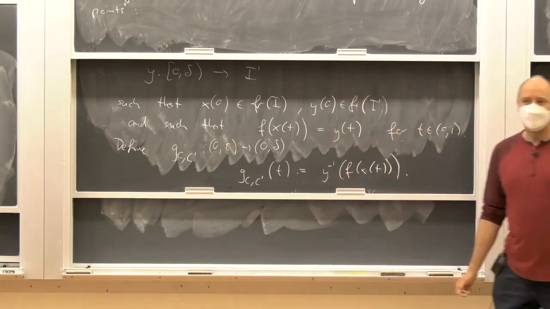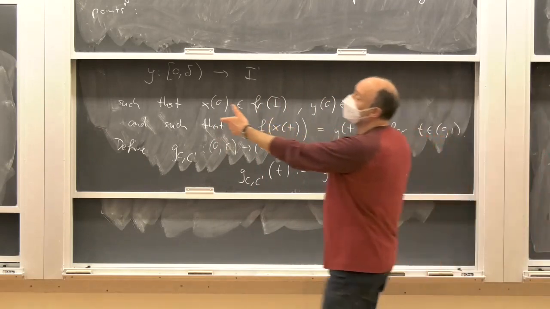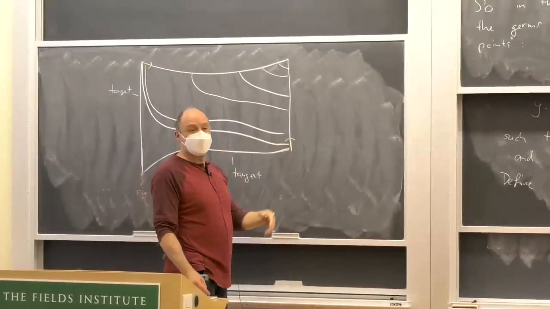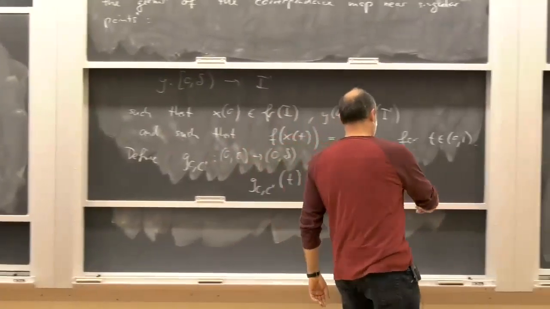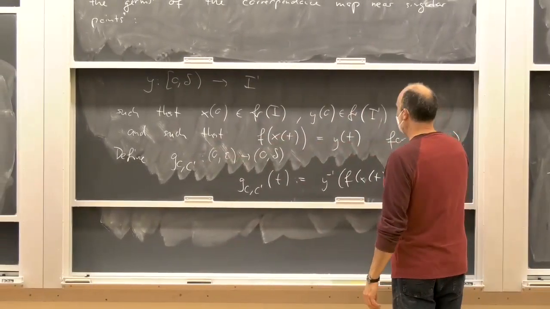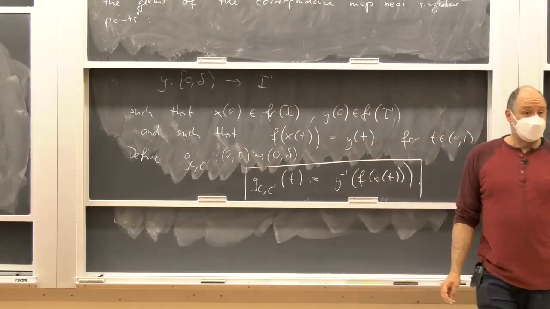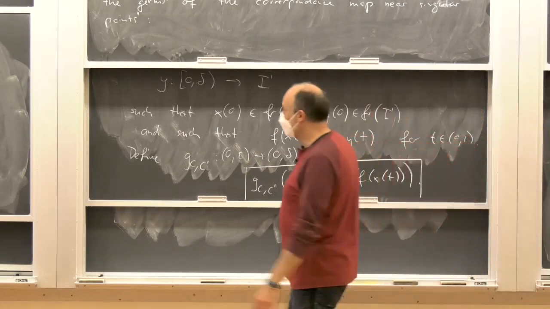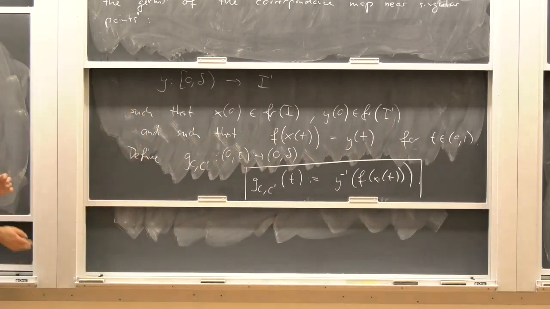Does that make sense? So I've translated the germ of F between these two orange intervals into a germ at 0 plus of a real function. So this is the kind of thing we end up studying, germs of functions like that. That's what I'll start doing next week for the real analytic case.